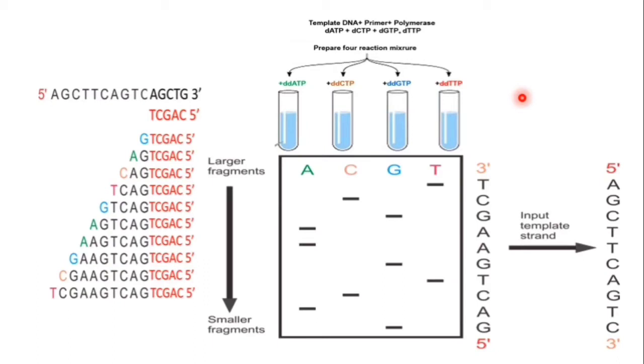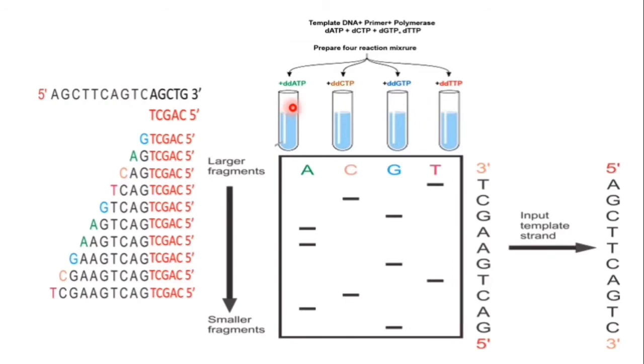The polymerase will add nucleotides into the primer. Here you see this is the template DNA and this is the primer. Here you see ATP, then CTP, GTP and TTP, and in the separate tubes this reaction occurs, and the same template DNA will be amplified.